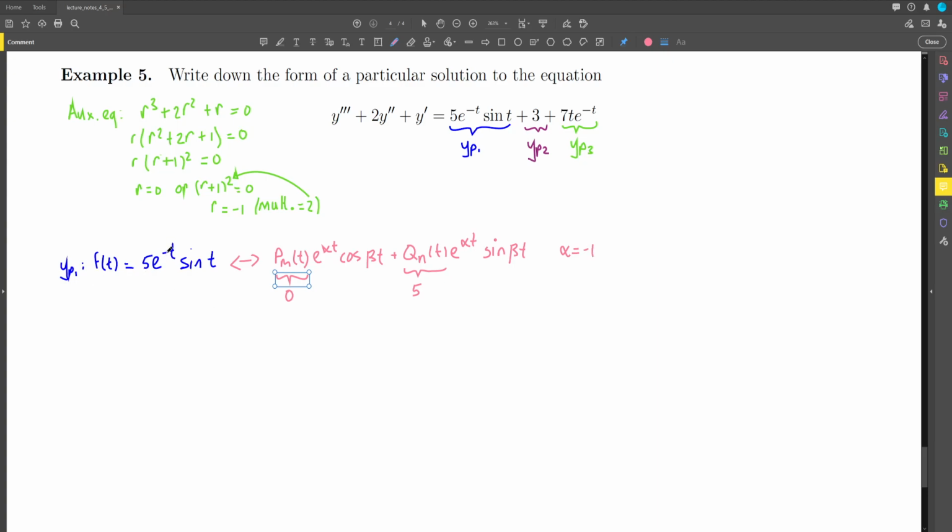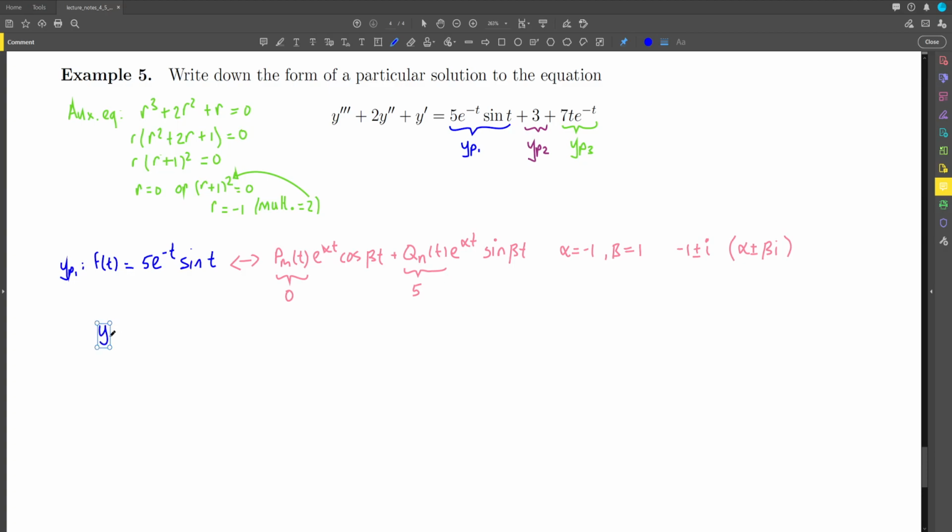That's the coefficient in front of the t, and the coefficient in front of the t, that's beta equals 1. So this compares with a root of the auxiliary equation that's -1 plus or minus i, right? Alpha plus or minus beta i. Now, that's not a root of the auxiliary equation, so our particular solution will then look something like this.